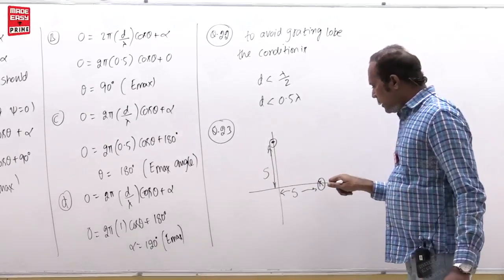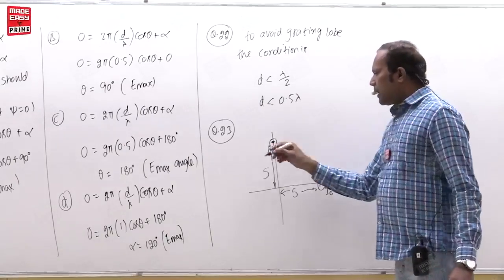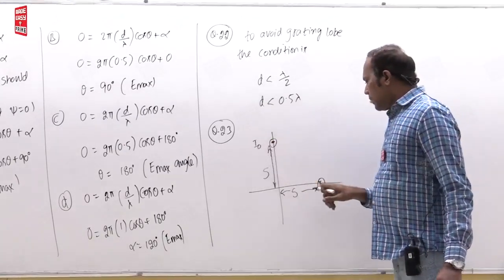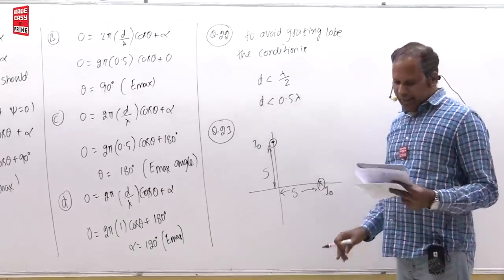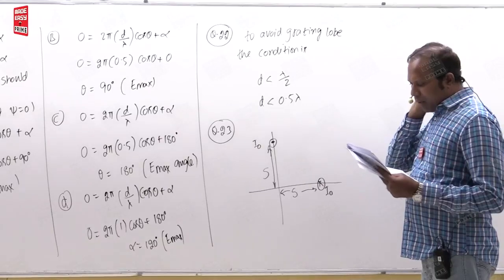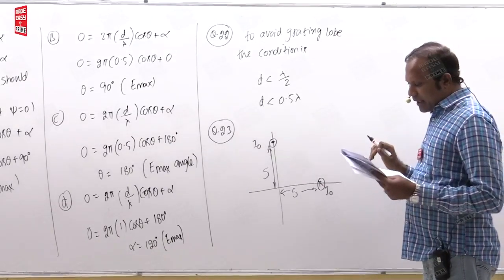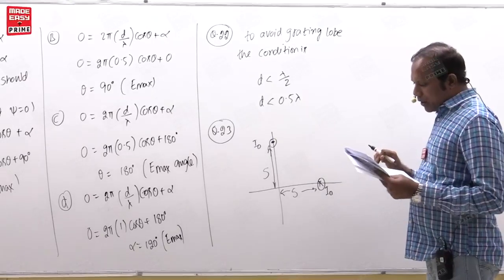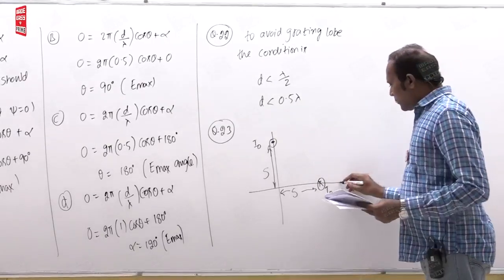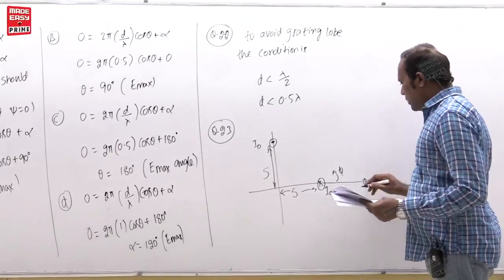If current I naught is into this and current I naught is out of the board, then a 180 degrees phase difference is there. The correct value of the magnitude of the far zone resultant electric field strength normalized with that of a single element, both computed for phi is equal to 0. Actually, he is doing phi measurement here, so phi is equal to 0 here.